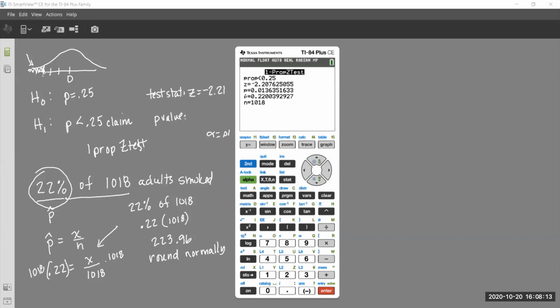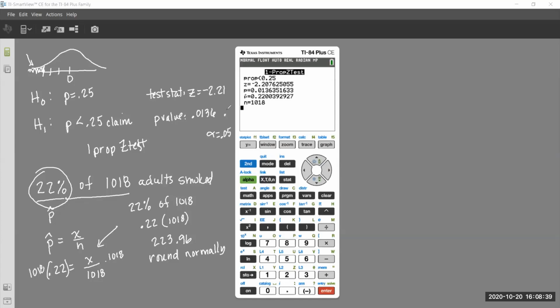Our p-value, if we look right here, sorry about the phone, 0.0136. Oh, our alpha was 0.05, huh? I wrote that down wrong.